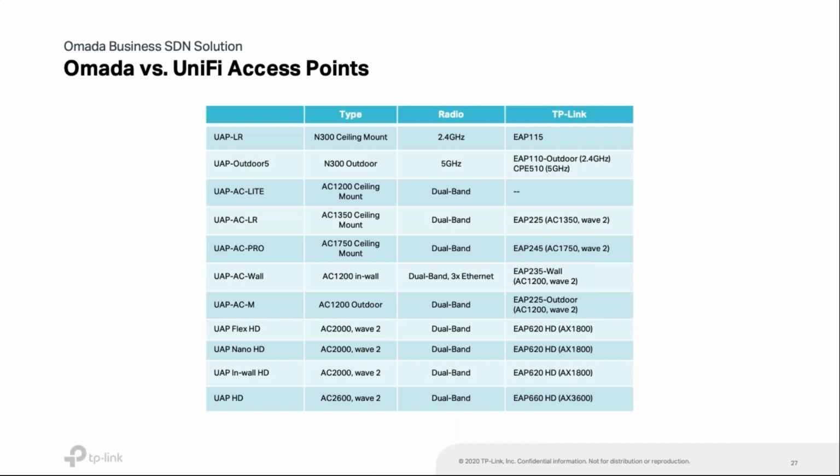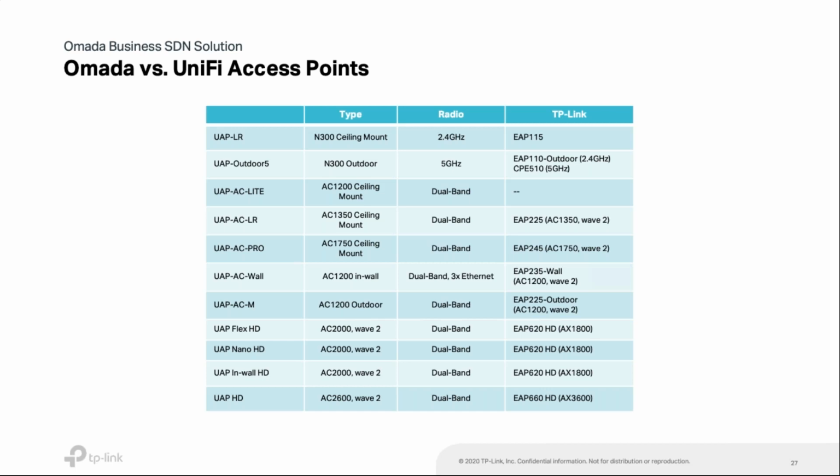And for all the Microcom customers, if you're familiar with Ubiquiti, here's a quick reference table from the Ubiquiti models compared to our models. So you can compare the access points on this page.